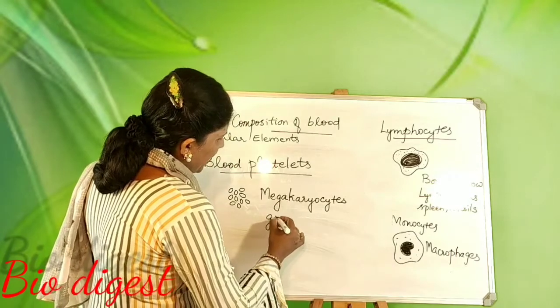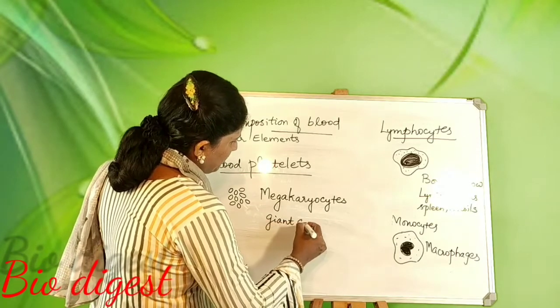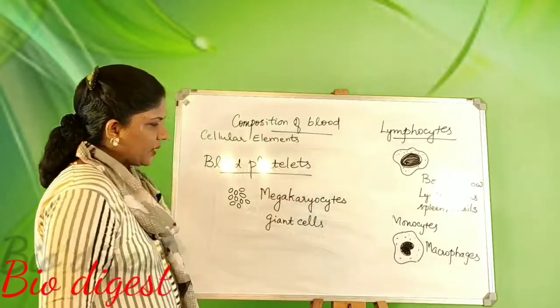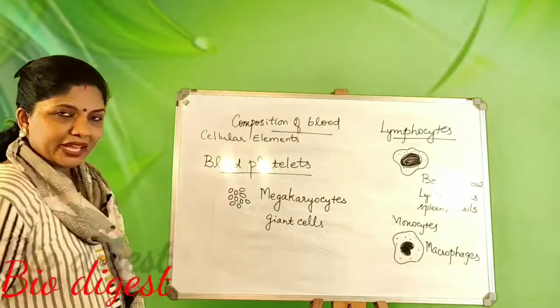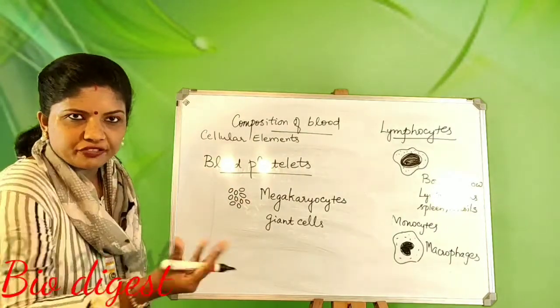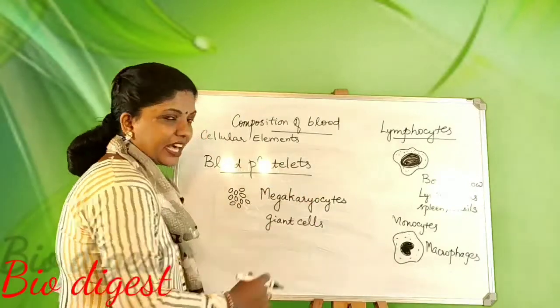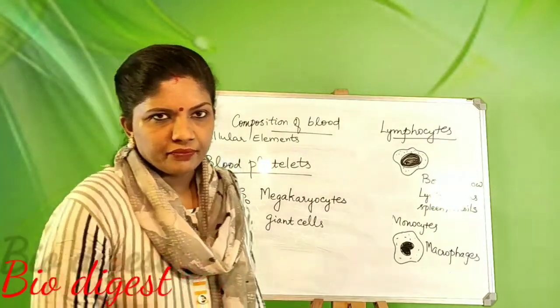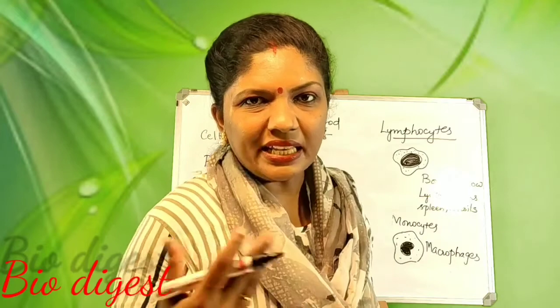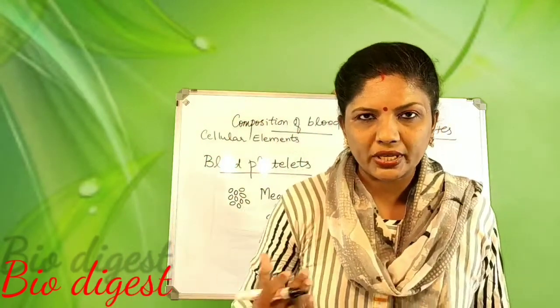Megakaryocytes are some giant cells present in the bone marrow. So usually these blood platelets are actually budded off from these megakaryocytes. I told you they are called as the initiators of blood clotting.